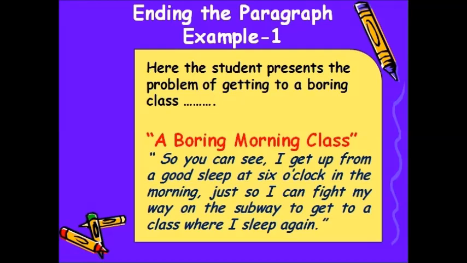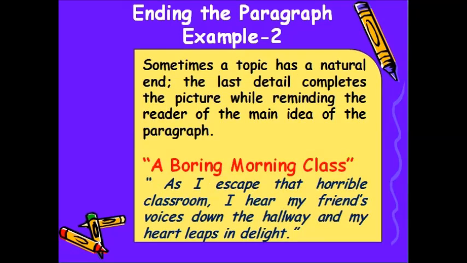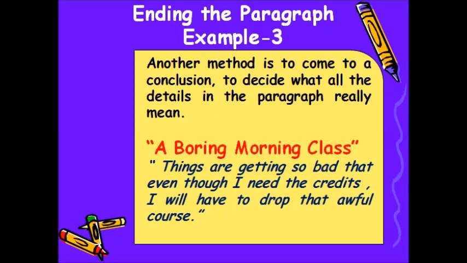In example number 1, we see how the student presents the problem of having a boring 8 o'clock class. In example 2, we see how sometimes a topic has a natural end. The last detail completes the picture while reminding the reader of the main idea of the paragraph.